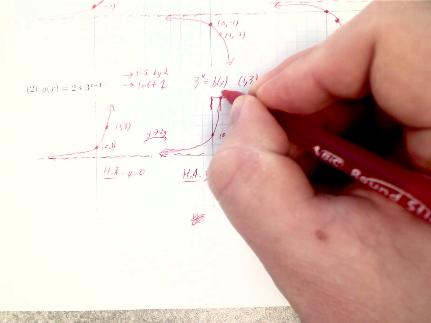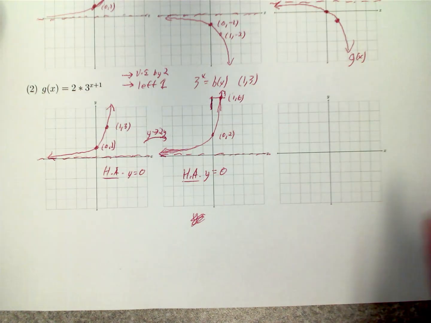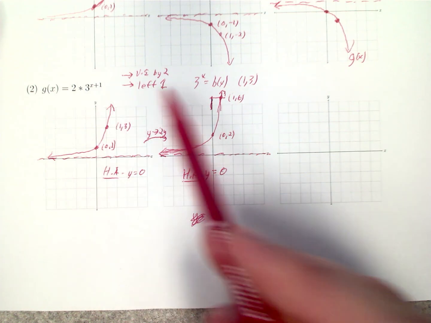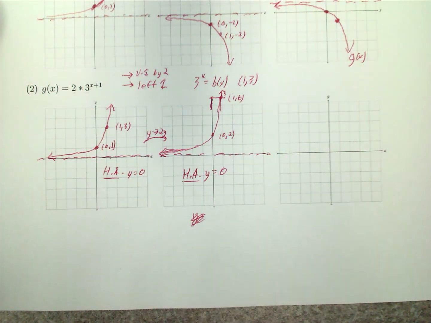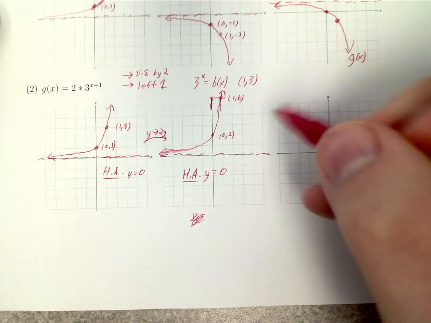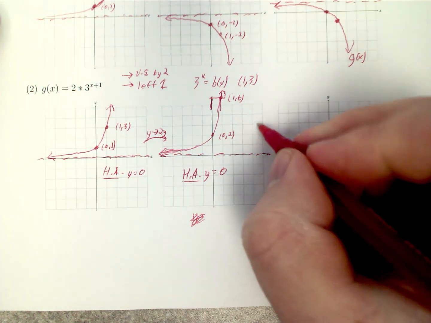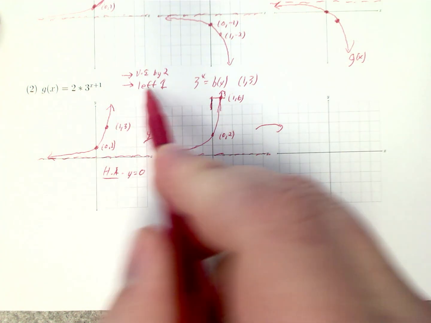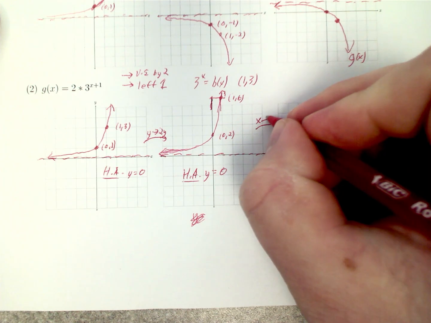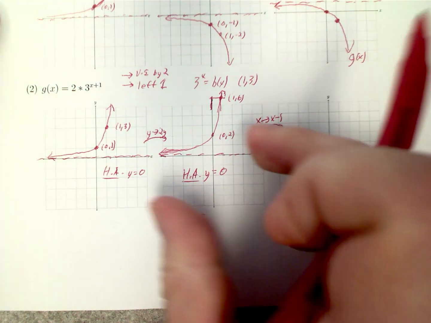This is a really good, important idea of why order matters, because if there was a shift up, that would then affect the horizontal asymptote. However, we then have to shift left, and left or right affects the x values. Left would be subtracting 1, or just moving it to the left.